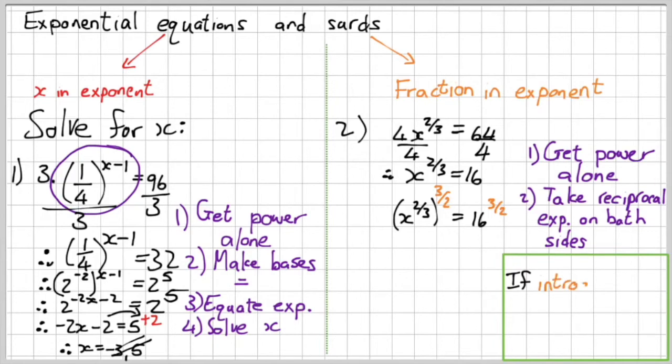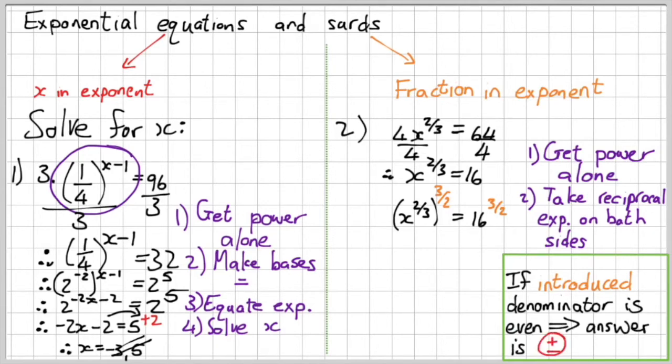If the introduced exponent, the one that you brought in, has an even denominator, then you have to put a plus or minus in front of your specific solution. In other words, that 2 is even, and hence I've got to put a plus minus in front of the 16.